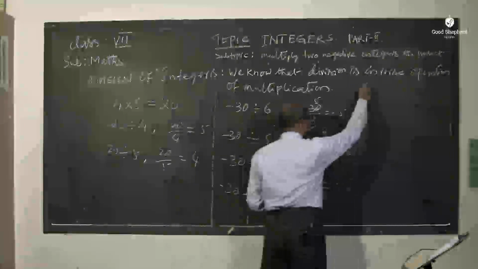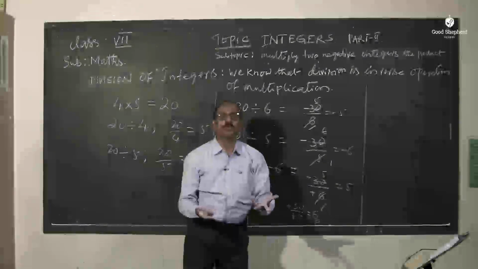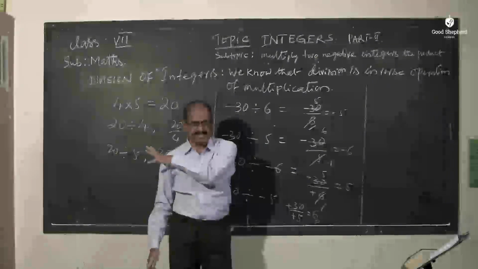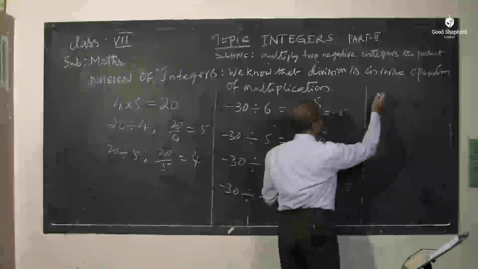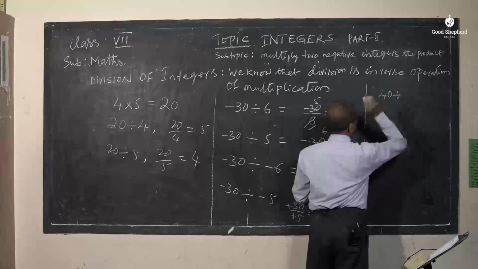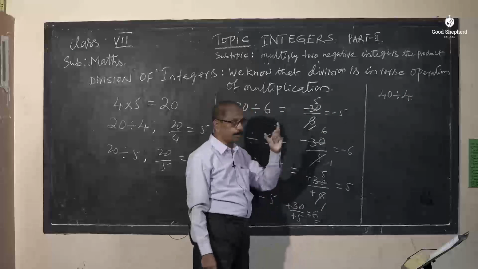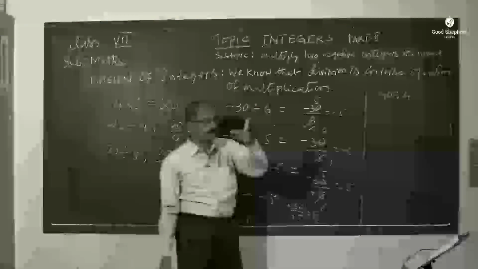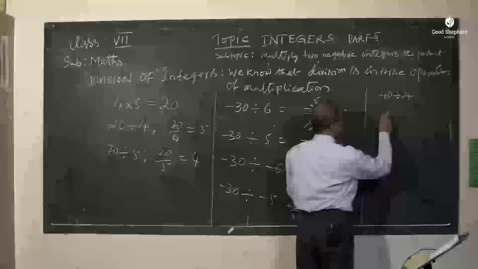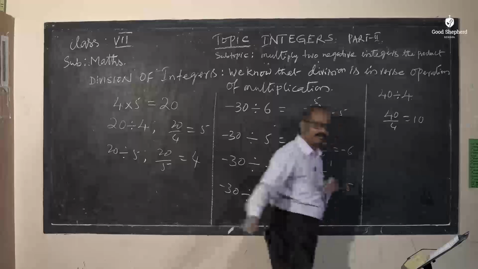The next is, if both are positive numbers, how do we divide, and what is the sign of the integer? Now we'll write it here: 40 divided by 4. Both are positive, plus 40 and plus 4. That is equal to plus 10.